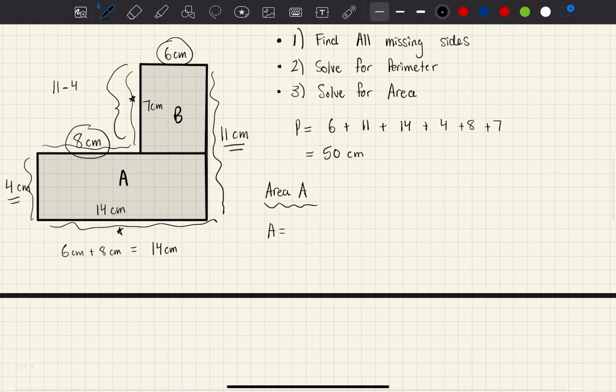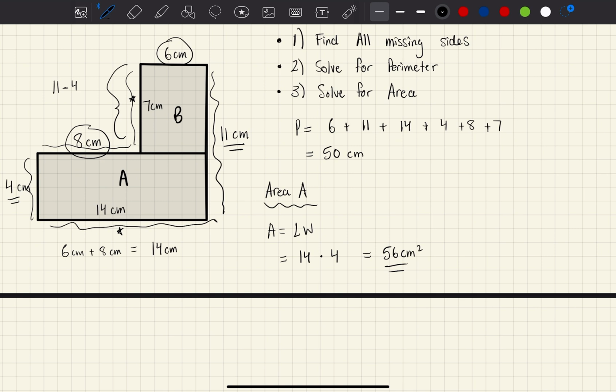Our length in this case is 14. Our width in this case is 4. Solving for that, 14 times 4. If you don't know, we can always plug it in our calculator. It's going to give us 56 centimeters squared. So that's going to be our one area.